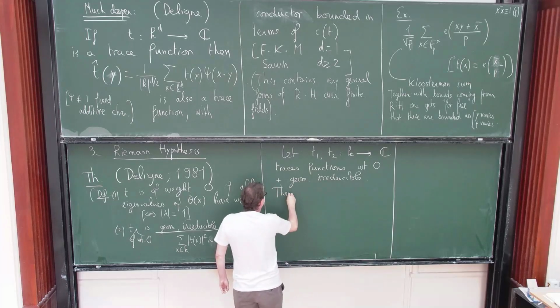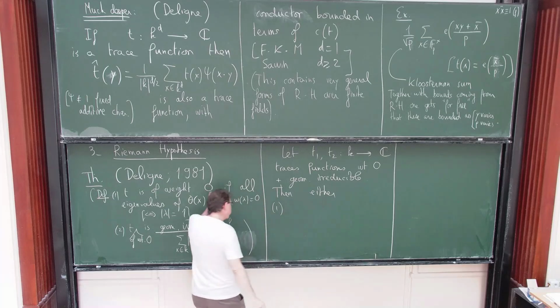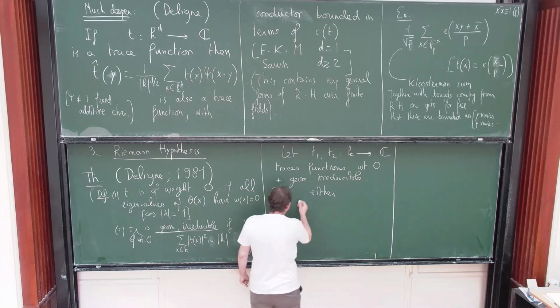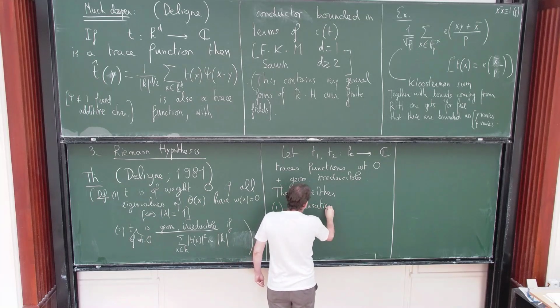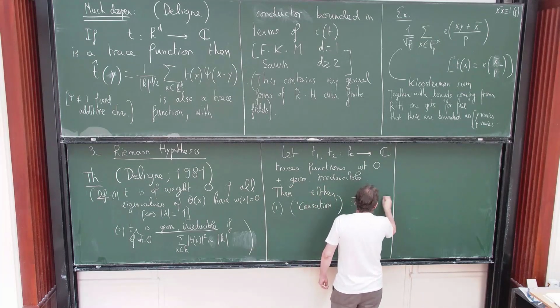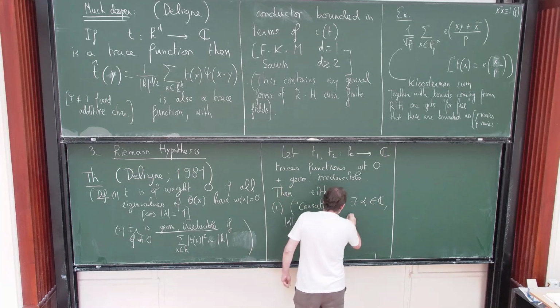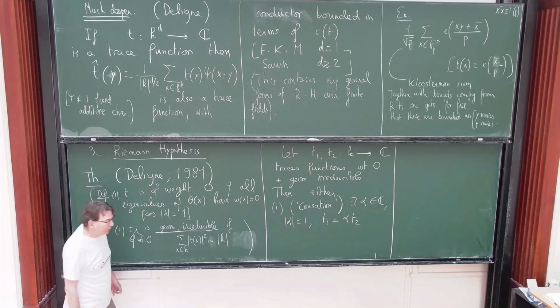Then one of the following things happens. The first one is that they are the same, essentially, like before. Precisely, there exists a complex number alpha with modulus 1, such that T1 is alpha times T2. That's the first possible case that can happen.